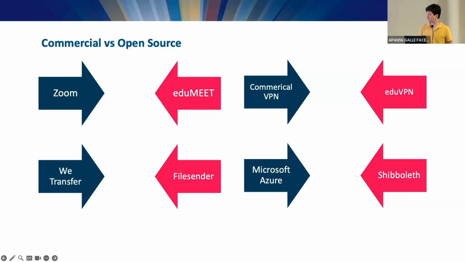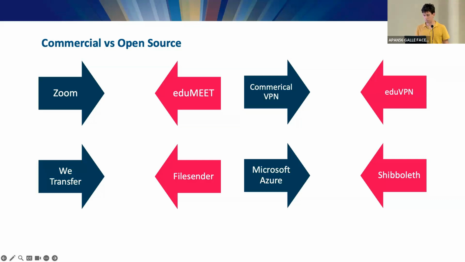But you can also see you can use WeTransfer. FileSender can do exactly the same thing. You can decide to use a commercial VPN. Absolutely not, nothing wrong with that. But we also have EduVPN. And then on the identity management side, Microsoft Azure is widely used.